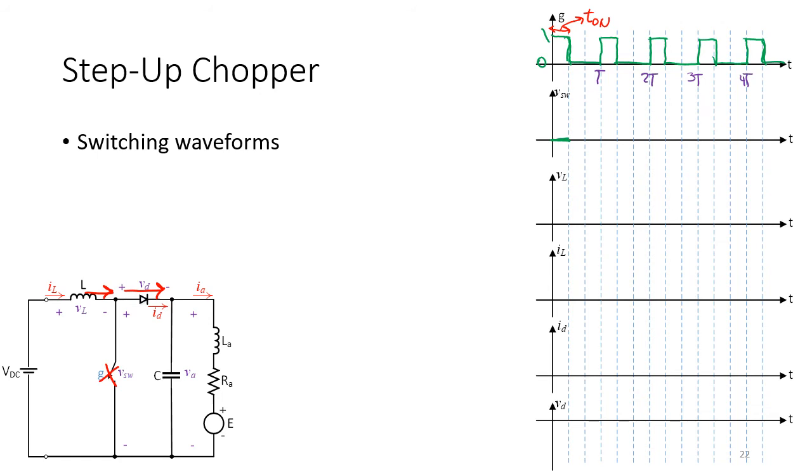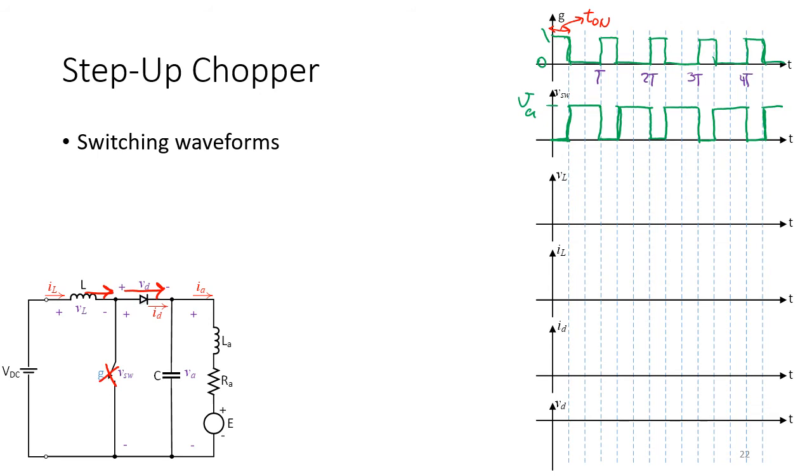As a result, the voltage across the switch, V switch, will be equal to VA. So if here is VA, then we assume that VA is constant, is not changing. So we are going to use it here. But how is the voltage across the inductor changing?